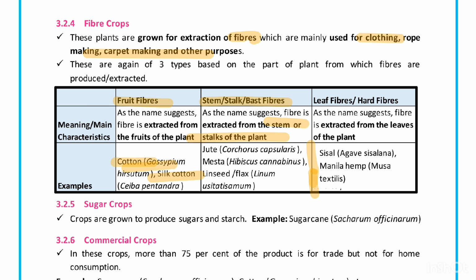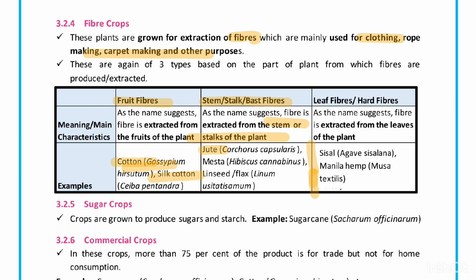Jute is an example. The bark of the jute stem is taken out, and it is used for making fibers. Clear? That is why jute falls under the category of stem, stalk, or bast fibers.